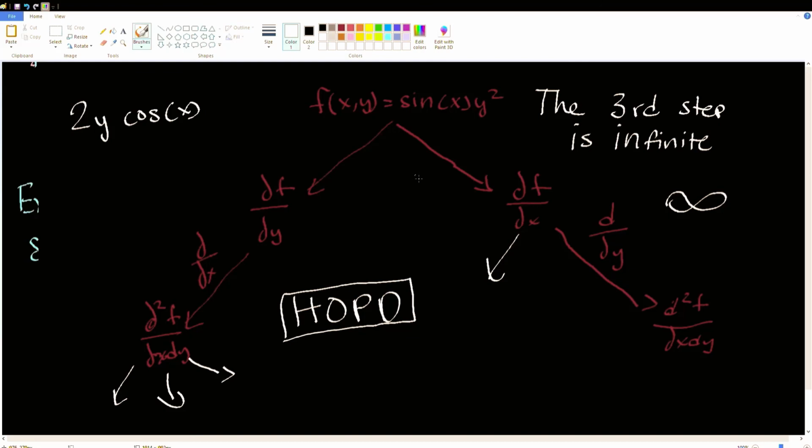That helps explain how there are infinite ways for step number 3, and I can't emphasize this enough.